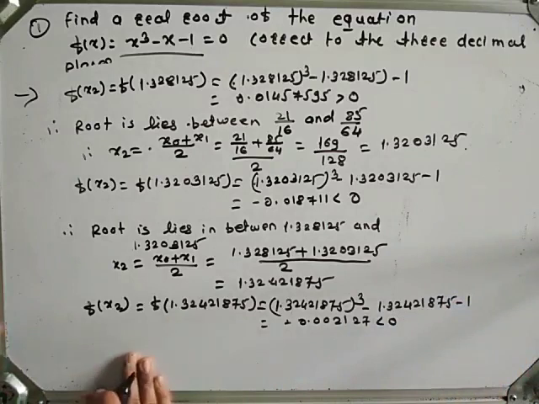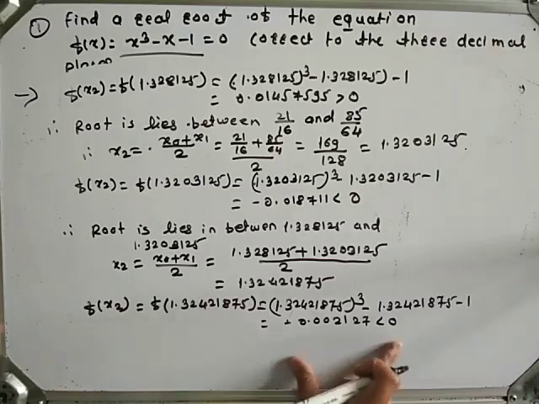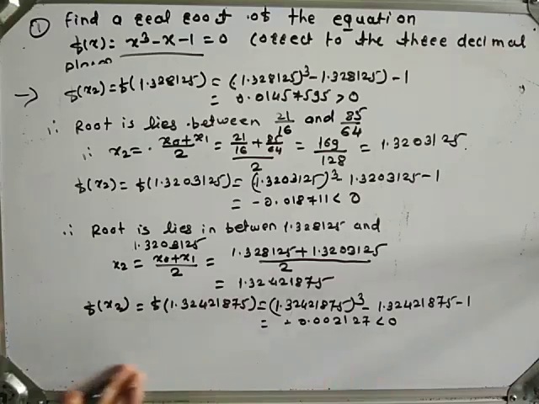See here, the value of the function at x equal to 1.32421875 is very close to 0. So we will stop here.